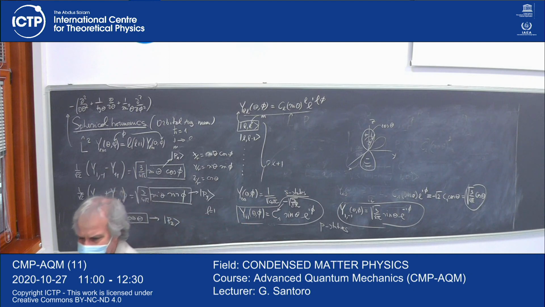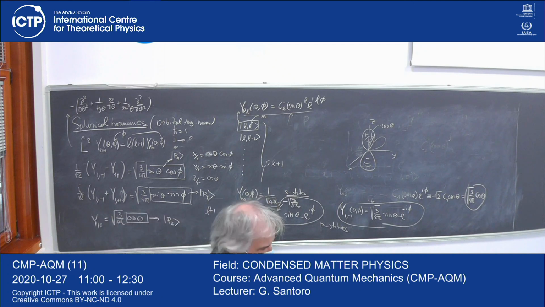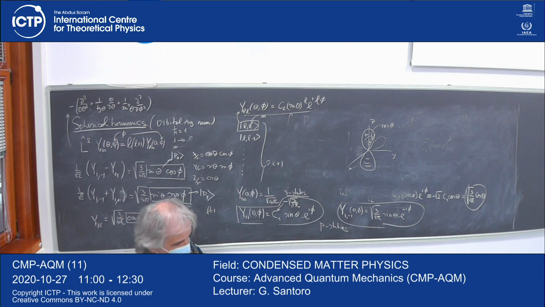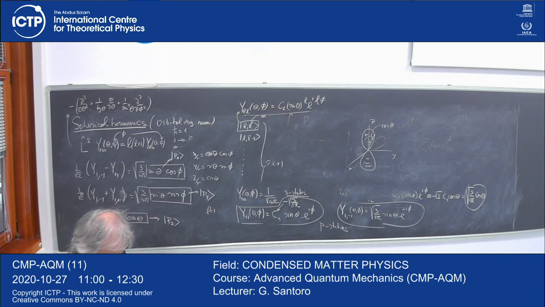So this is, as you know, an important fact in the crystal field effect, in the bonding of molecules and so on and so forth, okay? But this goes into real solid state physics somehow, okay?